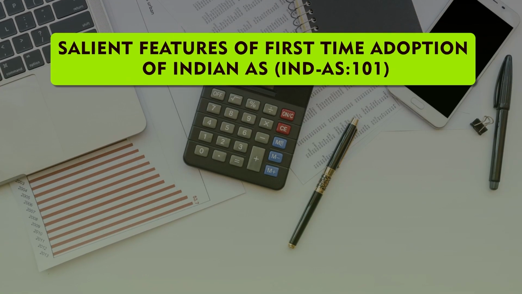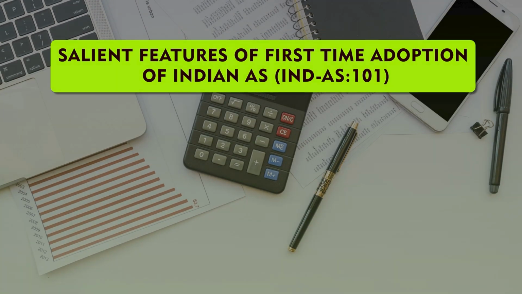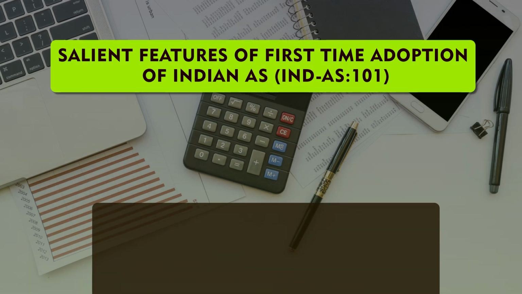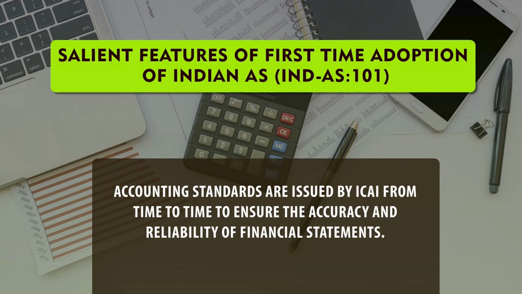Now the next topic is salient features of first time adoption of Indian accounting standards, that is also known as IND AS 101. Accounting standards are issued by ICAI from time to time to ensure the accuracy and reliability of financial statements.